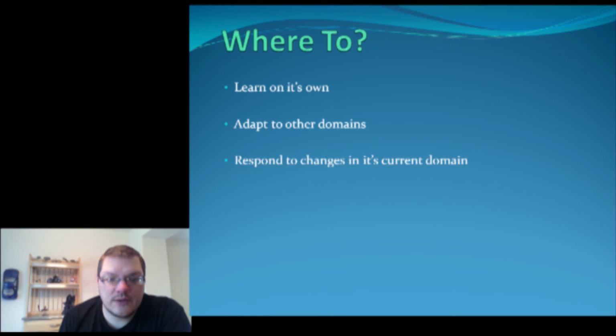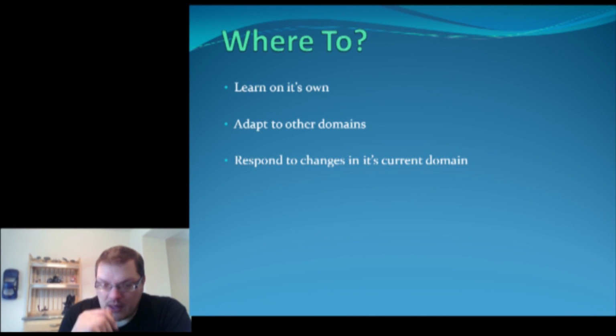How can it actually be just given a random set of inputs and say, I can see a distinct pattern, I can see a distinct feature, I know what that is, I've seen it before, or I haven't seen it before, I need to pay attention and learn what it is so I know what it is. How does it learn on its own? And then of course, once we can get it to learn on its own, how can we adapt it to other domains? Well, hopefully, if it can learn on its own, well, it can learn multiple domains.